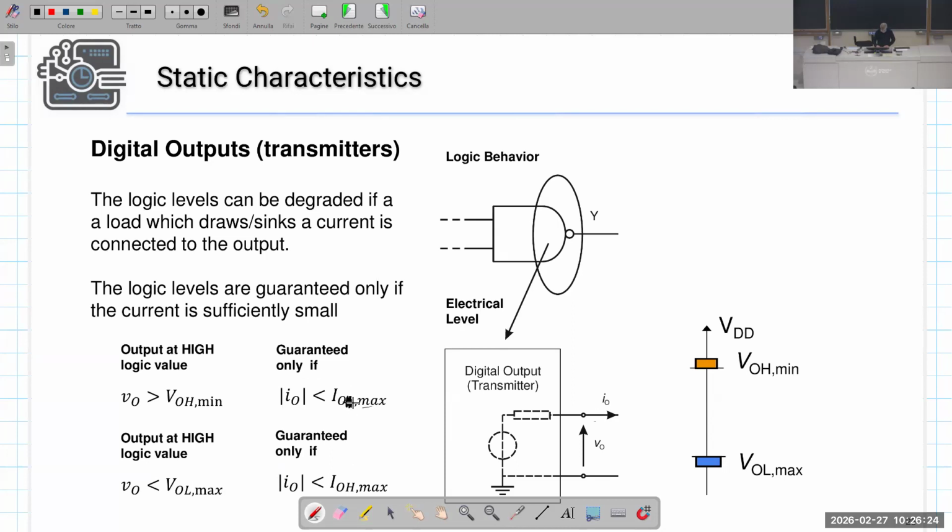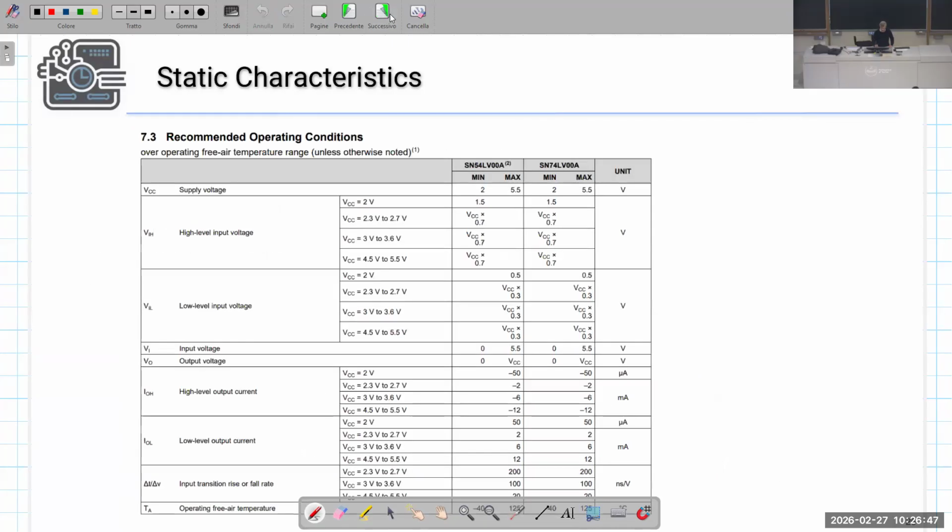At the high level it is IOH, at the low level it is IOL. Okay? H stands for high level 1, L stands for low level 0. Okay? Comments, questions? There are no comments.